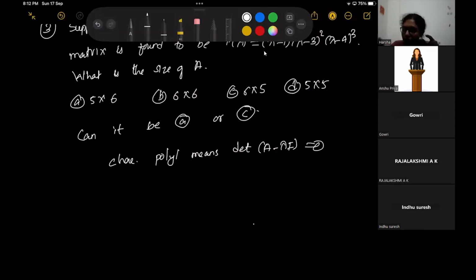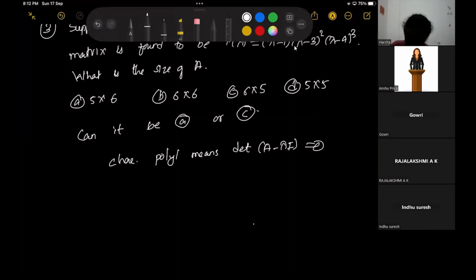Finding the determinant, lambda is multiplied 6 times. So the power of lambda is the order of the matrix. Here it is lambda minus 1 into lambda minus 3 square into lambda minus 4 cube.